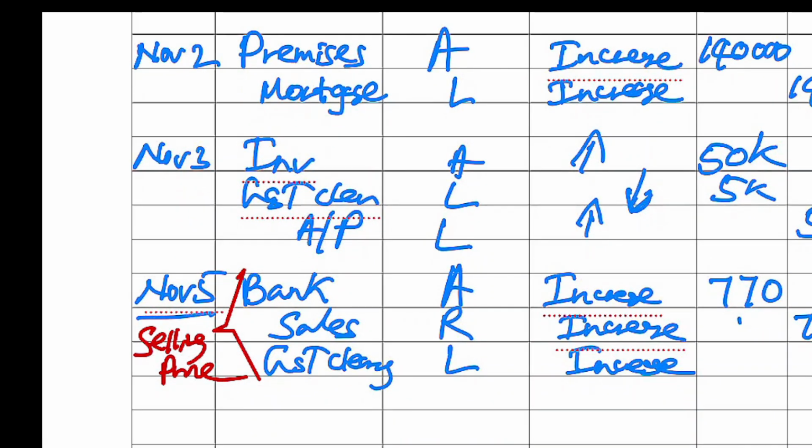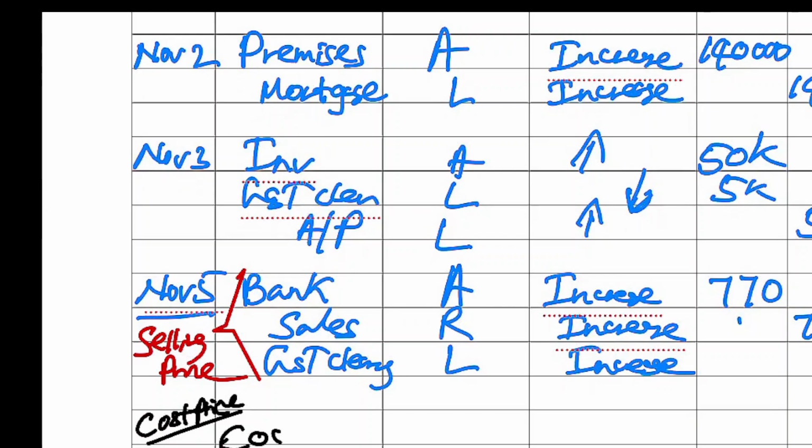I'll use a different color. At the cost price, what do we do? What is the first entry under the cost price? Cost of sales.